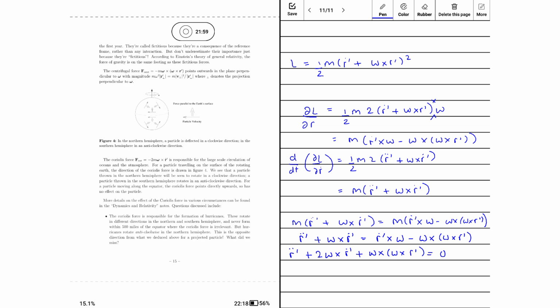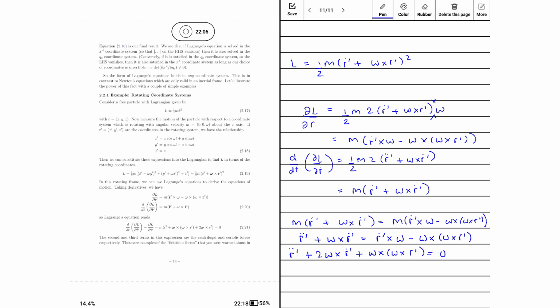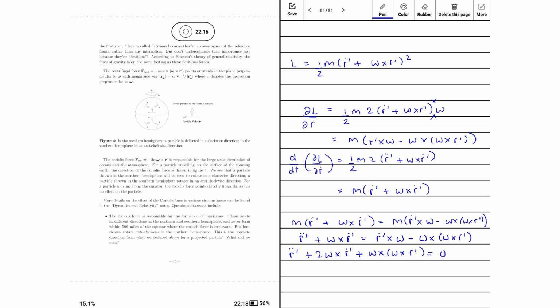I think this is a differential equation. This is the Coriolis force, this is centrifugal, and this is the usual force.